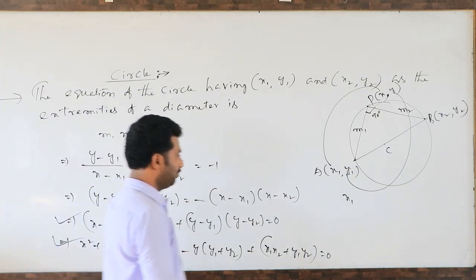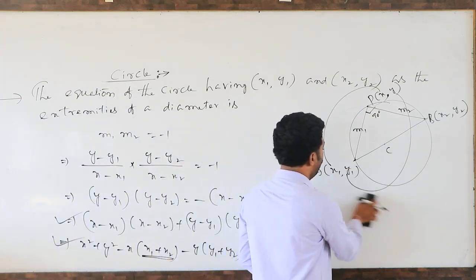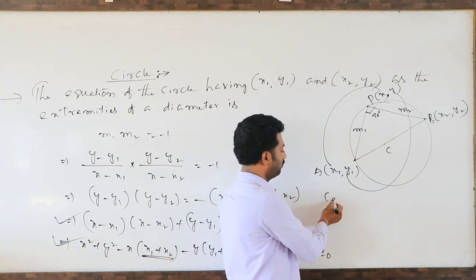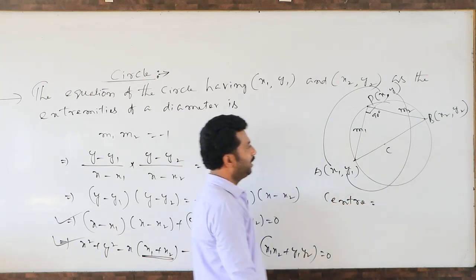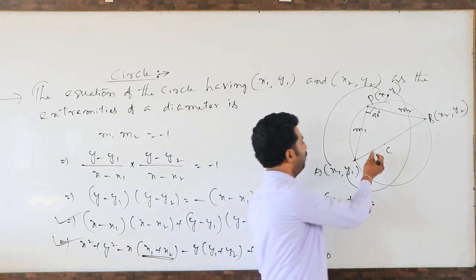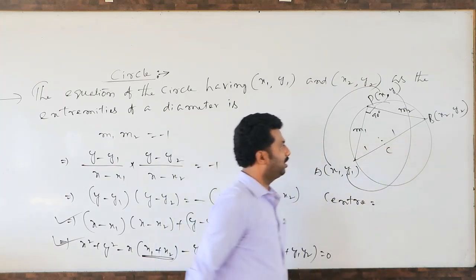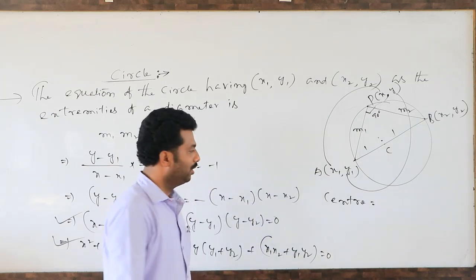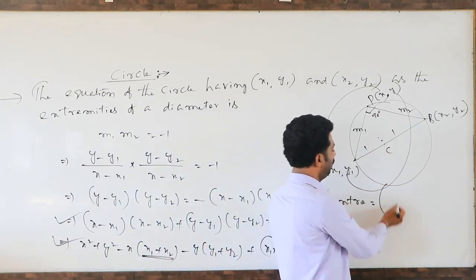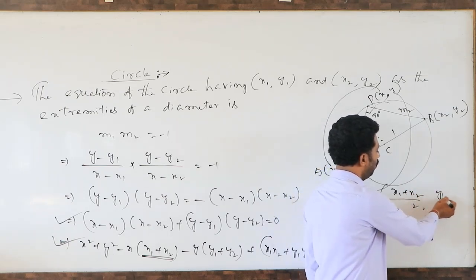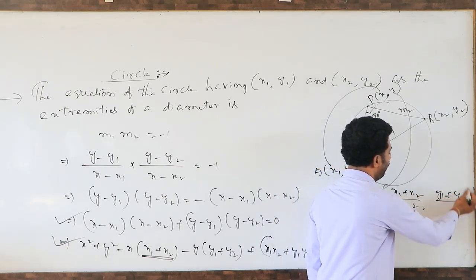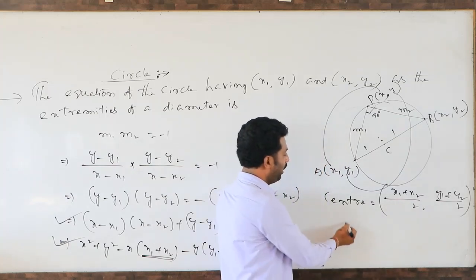Suppose end points of the diameter are given, how to calculate the center? Center divides A and B in 1:1 ratio because C is the midpoint of AB. So the center is ((x1 plus x2) divided by 2, (y1 plus y2) divided by 2). What is the radius?